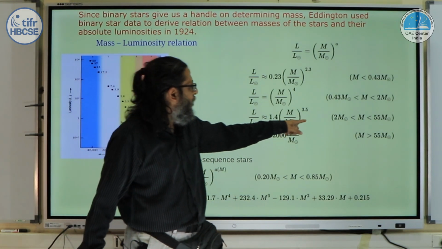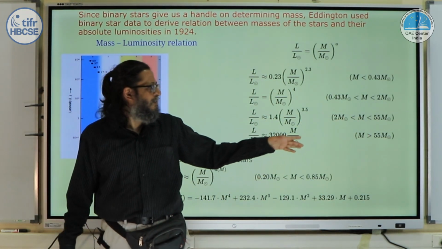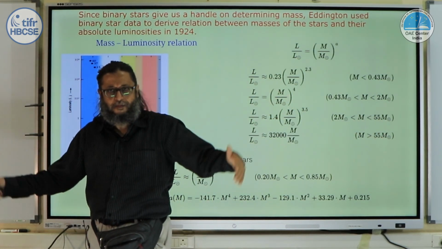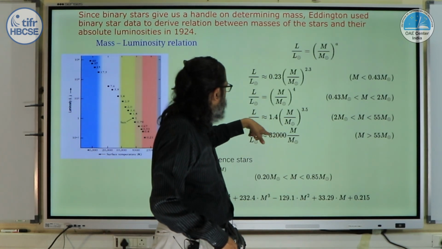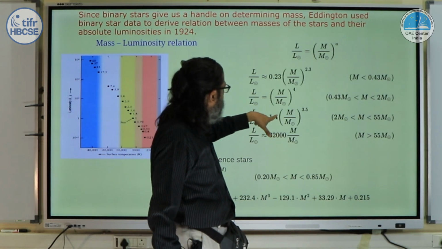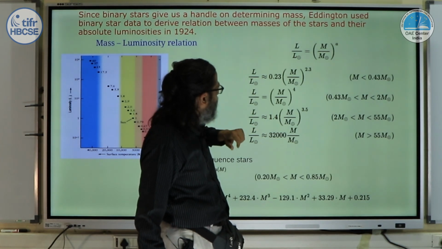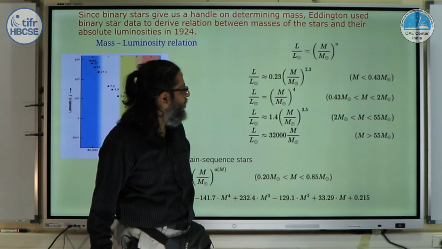Then, for a great range of mass, and this was the range up till F type of stars normally, here we see that the proportionality constant is 1.4 and the index A is 3.5.